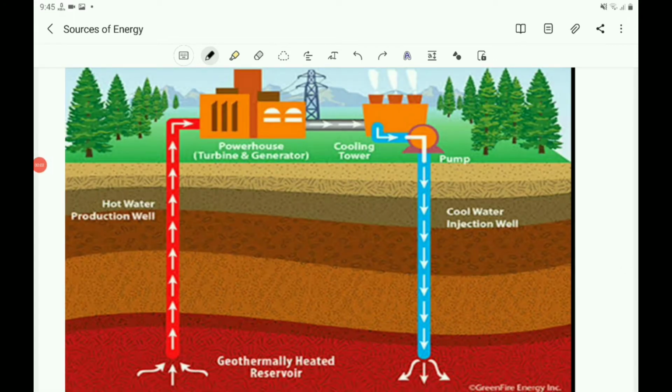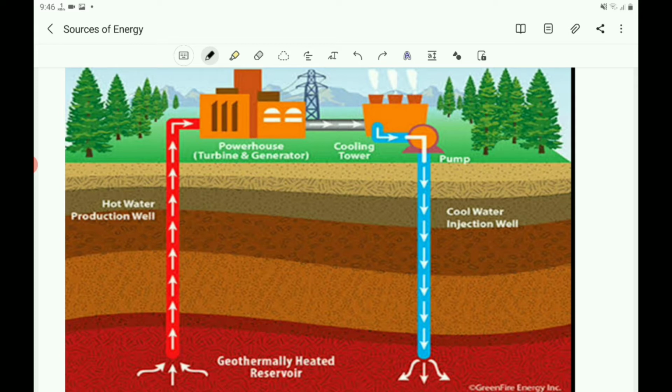Normally, the molten rock called magma is present in the deeper region of the earth, but because of some geological changes it is pushed upward and trapped in a certain region below the earth's crust, and this region is called a hot spot.